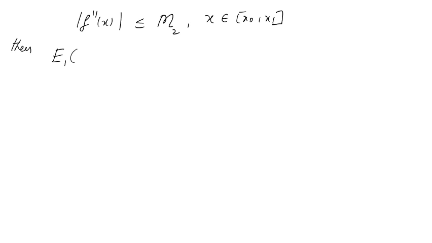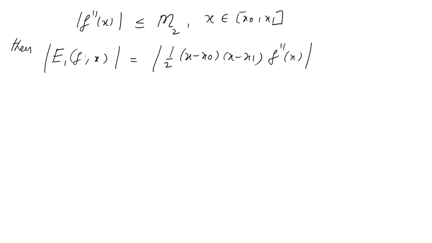The modulus of E1 f x is equal to 1 by 2 times (x minus x0)(x minus x1) f double dash of xi, modulus.